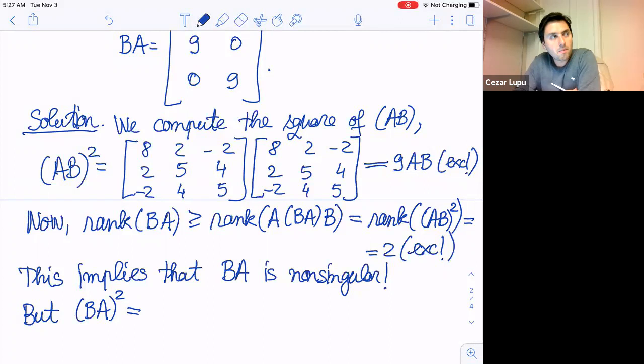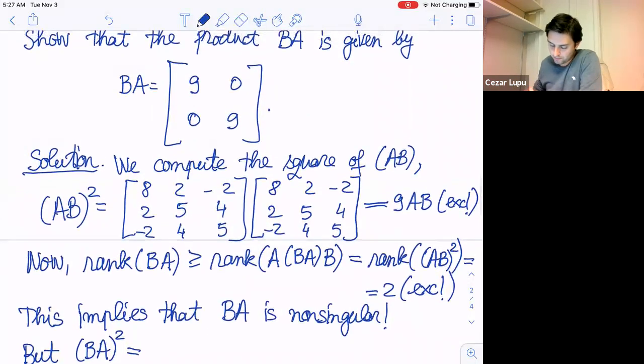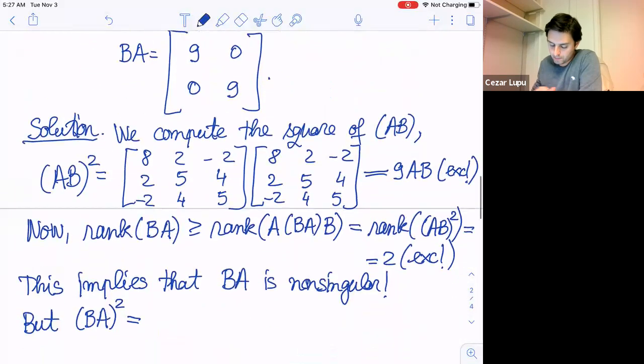AB. So no, maybe I should look. No, maybe let's look at the cube, because I can write this in the following way. So we will have that BA cubed will be what?